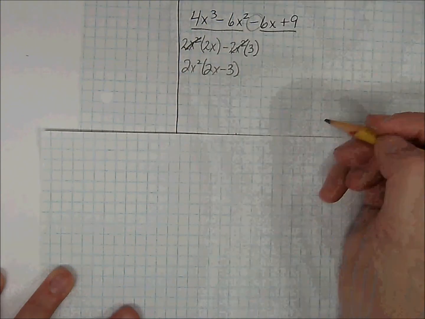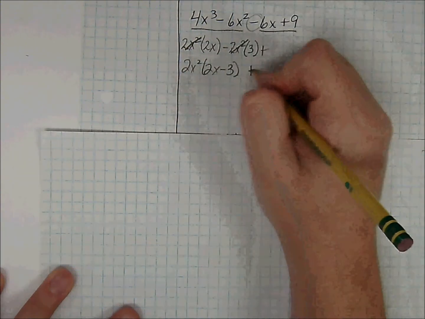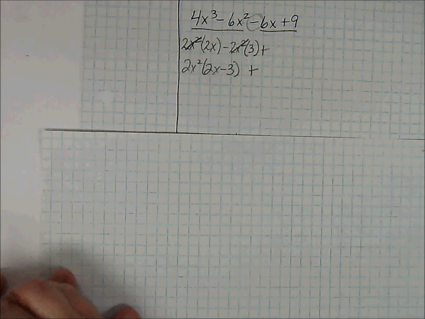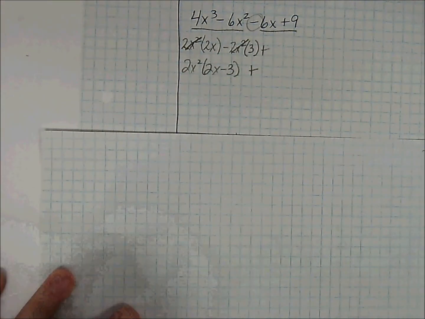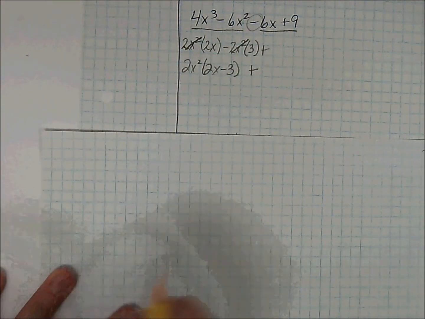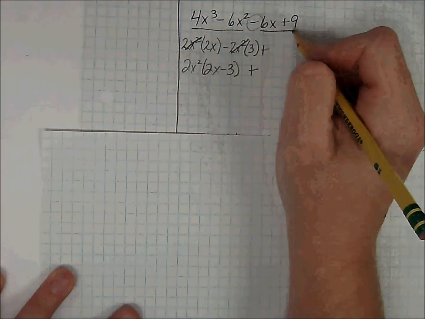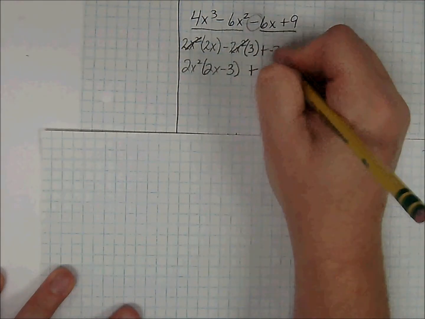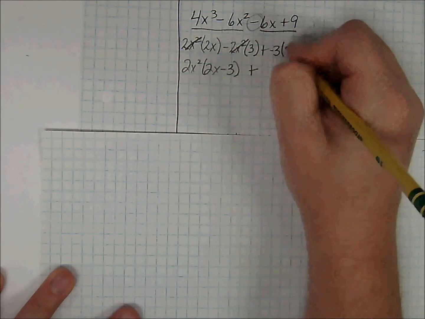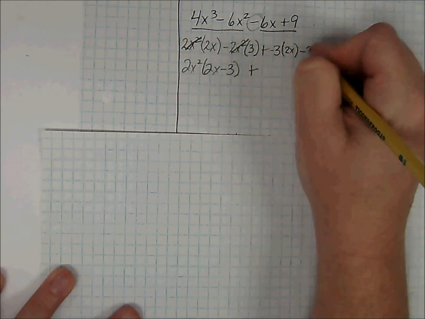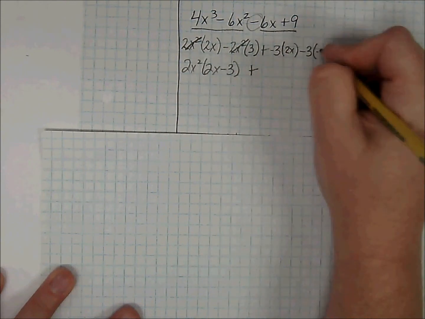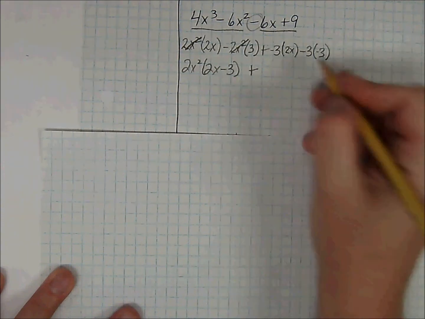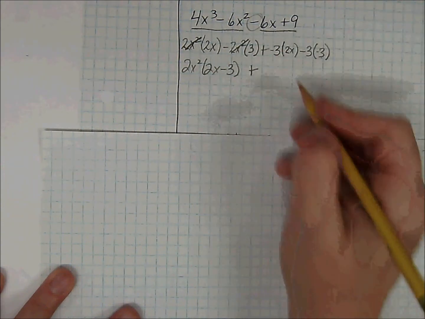Now that should be my warning. I know I'm putting a plus because that's what I've done every time. So that means I'm going to be taking out a negative number out of both of them. And so when I look, I said, oh, I can take a 3 out. So I'm going to take negative 3 out of the first one, and that gives me 2x. And negative 3 out of this one gives me a negative 3. Negative 3 times negative 3 is a positive 9.